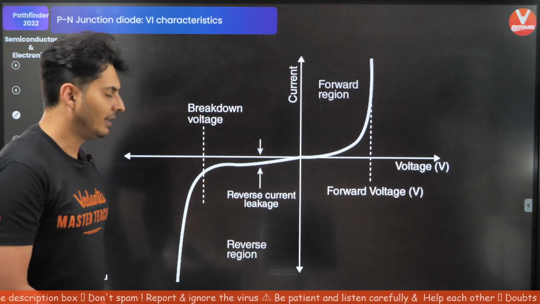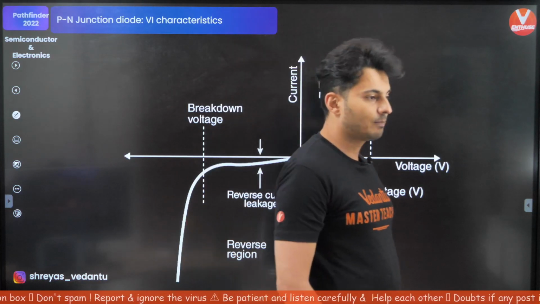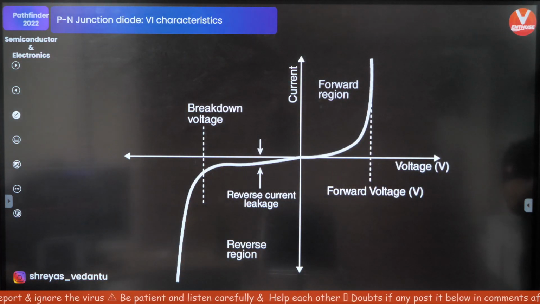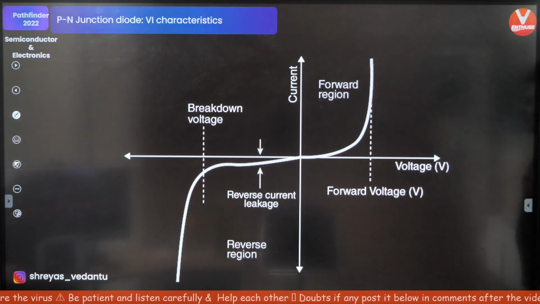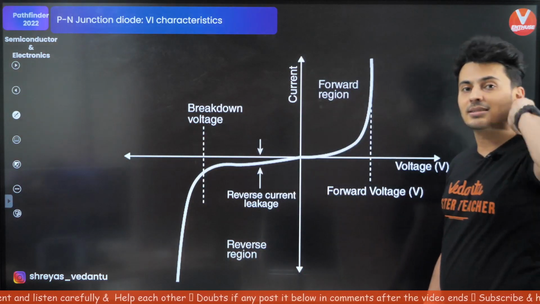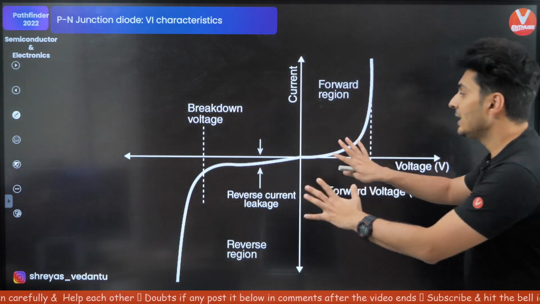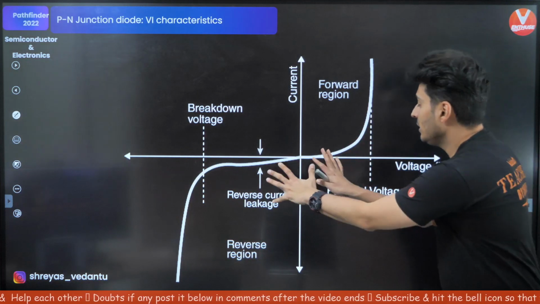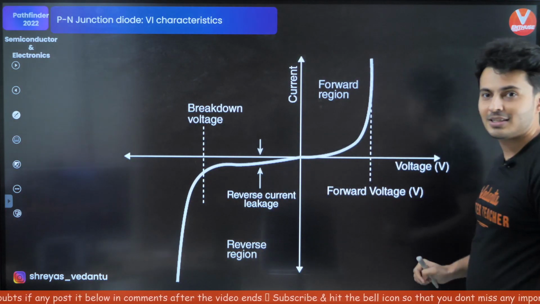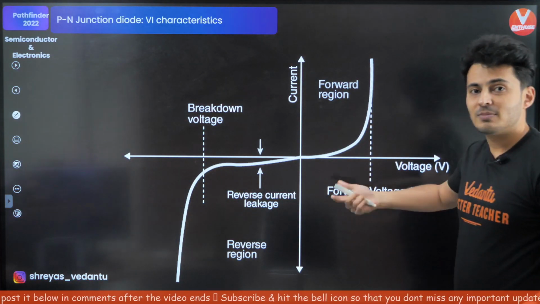Got it? Very good. Now the most important thing right over here, very, very important, is that how does the graph of voltage versus current look like? It looks something like this. In the forward bias, when you increase the voltage, you will see the current increases because the conduction begins.